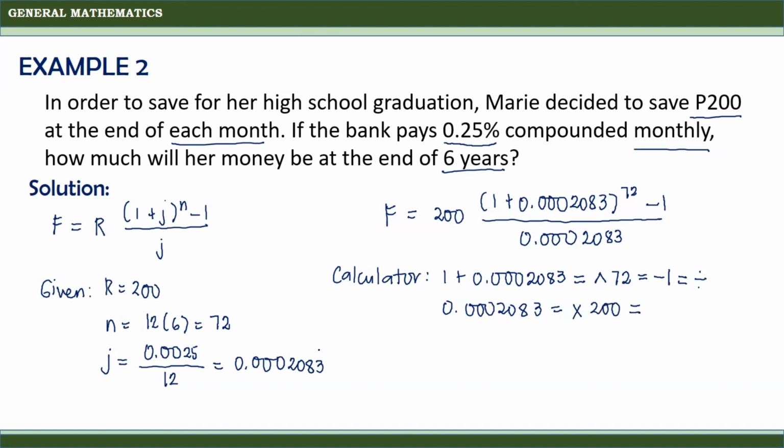When you do that, the calculator will show you the answer to be 14,507 pesos. Therefore, Marie will be able to save 14,507 pesos at the end of 6 years.